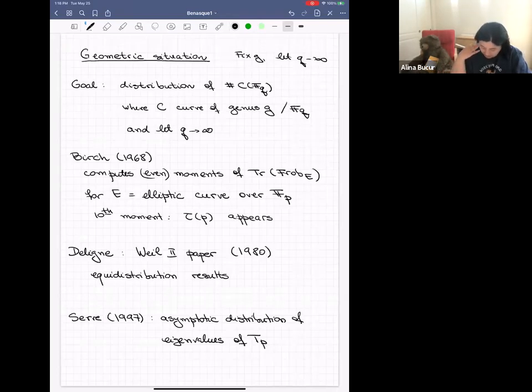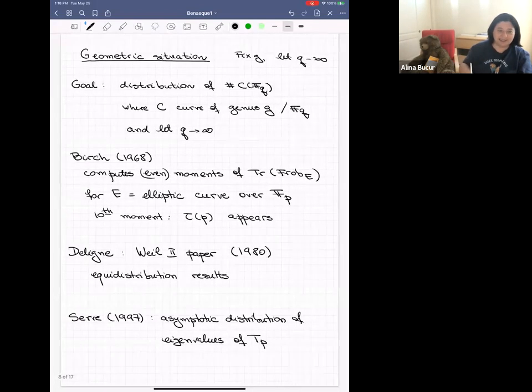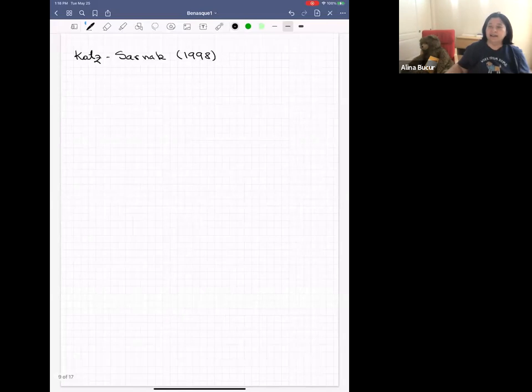There is also a paper of Serre in 1997, in which he talks about the asymptotic distribution of the eigenvalues of a Hecke operator, T_p, that basically also uses that and gets some super nice results.